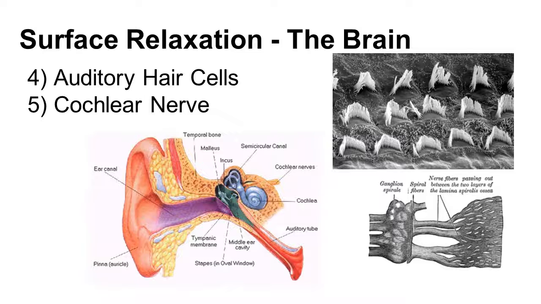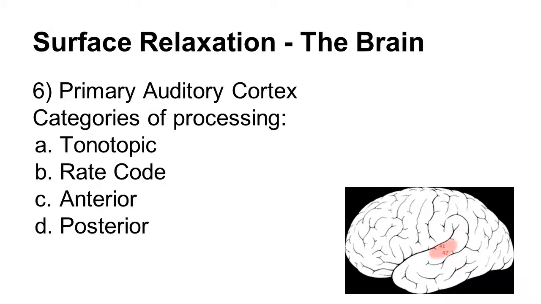From there, the energy releases ion channels which turn into neurotransmitters. Those neurotransmitters go down the cochlear nerve, which is comparable to the optic nerve in the eye. And from there, it gets processed in the primary auditory cortex in the opposite side hemisphere.